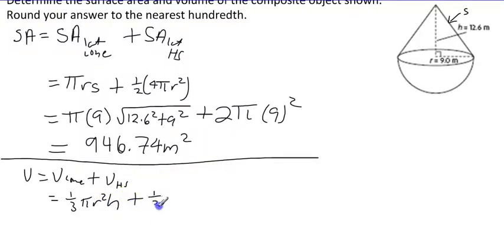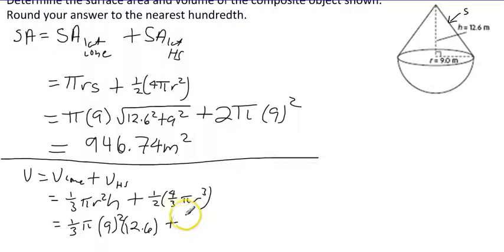Volume of a hemisphere is 1/2 of 4/3 pi r cubed. Substitute 1/3 pi 9 squared 12.6. Half of 4/3 is 2/3 pi and 9 cubed.